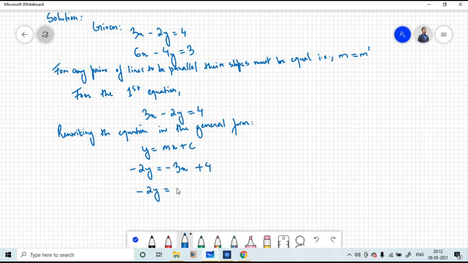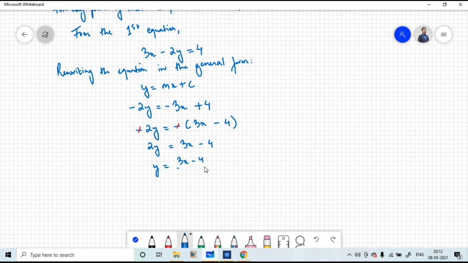Taking minus as common, we are left with minus 2y equals minus of 3x minus 4. Minus times plus equals minus. Minus times minus equals plus. Let us cancel out minus. So we have 2y equals 3x minus 4.